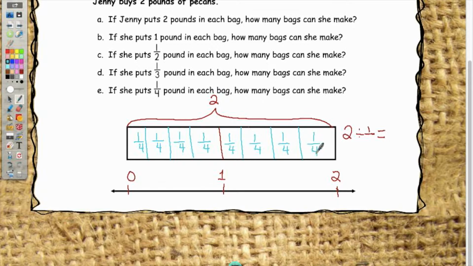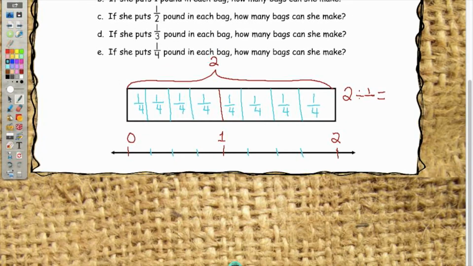Okay, so now my tick marks, I'm going to need 3, aren't I? And go ahead and label your fractions.